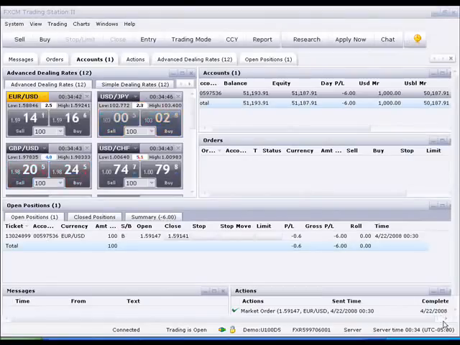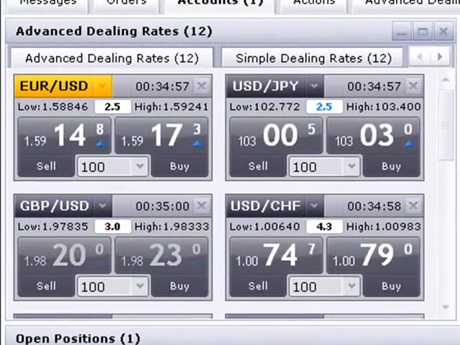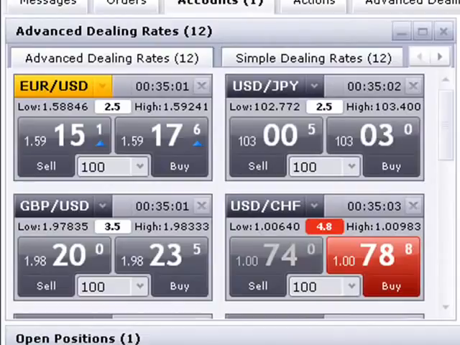We are going to get into more in-depth examples in our next lesson, but to quickly demonstrate the relationship between the used margin and the usable margin columns, let's left click in the dealing rates window and open a 2-lot position of euro-dollar, which will bring the total in our account to 3 open contracts.